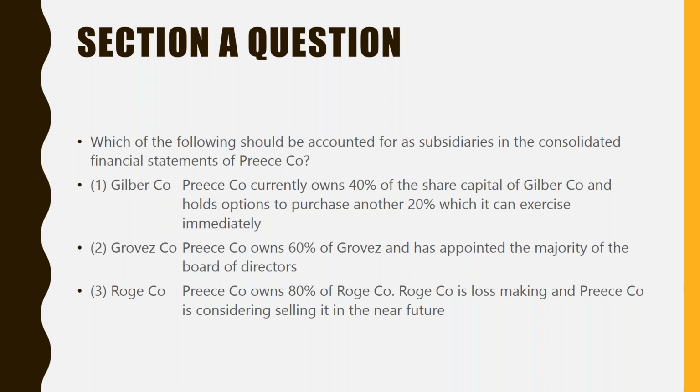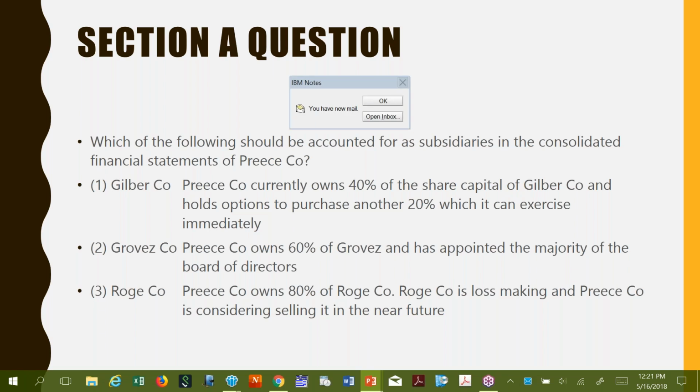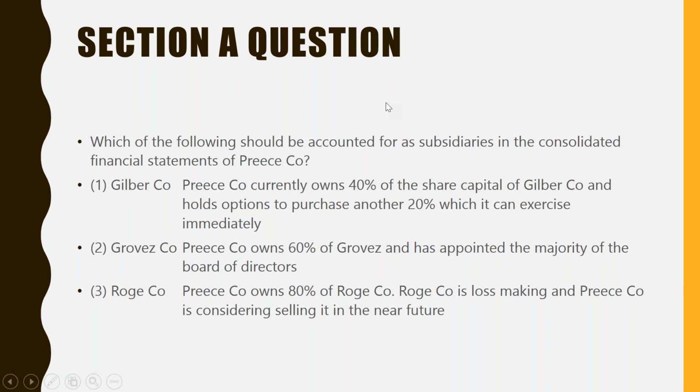It could be under IFRS 5 an asset held for sale or subsidiary held for sale, right? But it still has to get consolidated in the accounts. So that is an example of where we have to put in 1, 2, and 3. So that is more remembering and understanding what are the elements that must be there for a subsidiary to be consolidated.